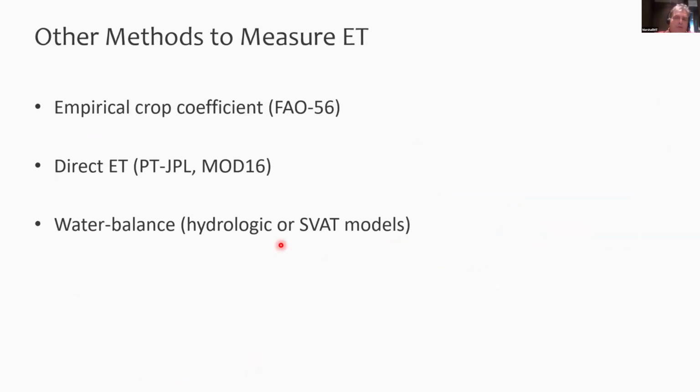Okay, so these surface energy balance approaches, like I said, are the most commonly used with thermal infrared to estimate ET. This is also the approach the European ECOSTRESS Hub has decided to take. However, there's a number of other different ways to estimate ET, namely this empirical crop coefficient approach. This is Allen's original approach, FAO 56. And this is, I would say, a semi-empirical approach. You also have the direct evapotranspiration approaches, Priestley-Taylor JPL.